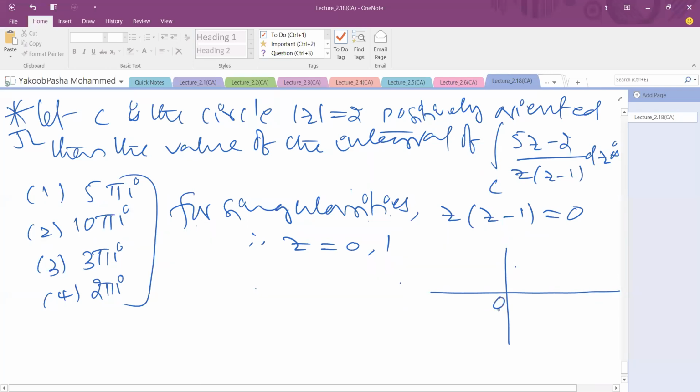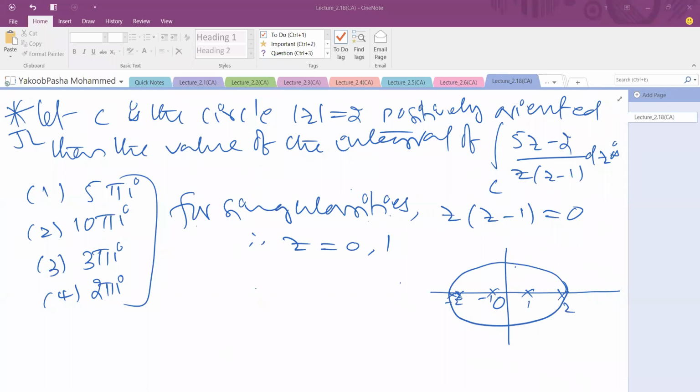Modulus of z is equal to 2 means radius is 2. This is minus 1 and minus 2. So z is equal to 0 and 1, both are inside the circle.